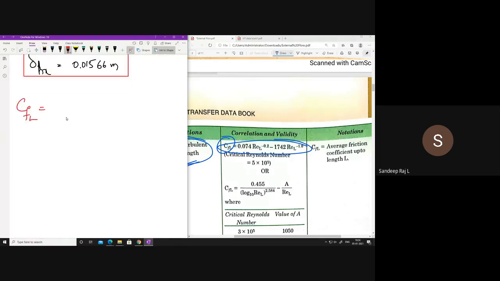C_fL is equal to 0.074 into Re_L power 0.2 minus 1742 into Re_L power minus 1.